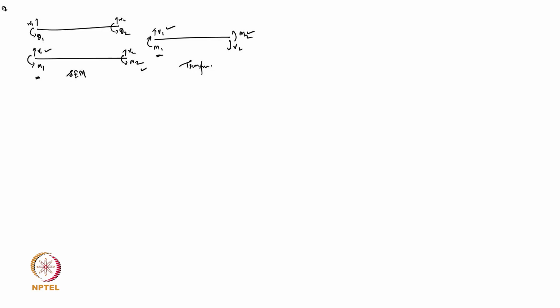Don't forget that. Now in the case of the transfer, how we wrote it: the state vector of the left hand side or maybe the right hand side, that is W1, theta 1, V1, M1, equal to the transfer matrix times W2, theta 2, V2, M2.